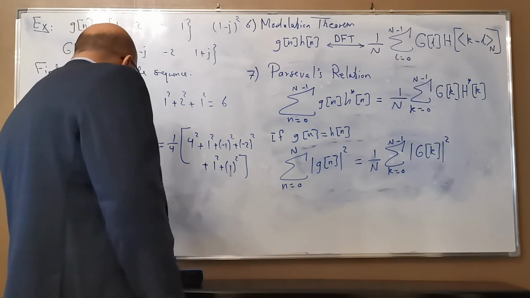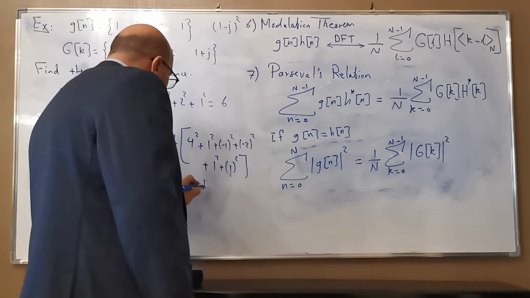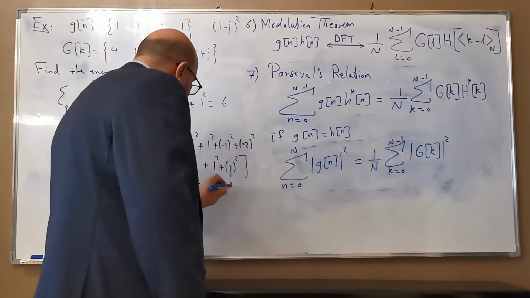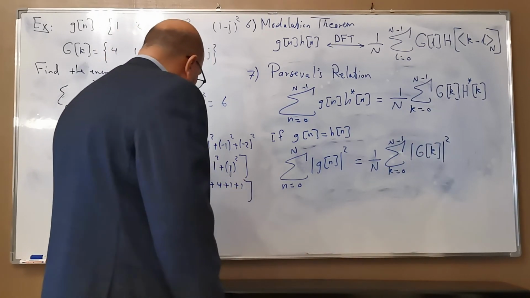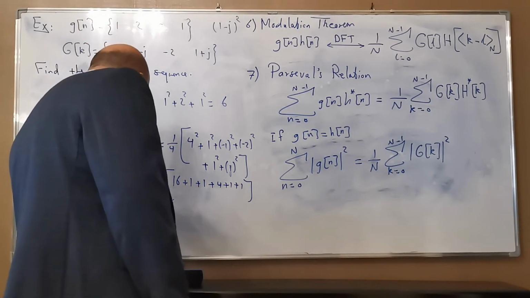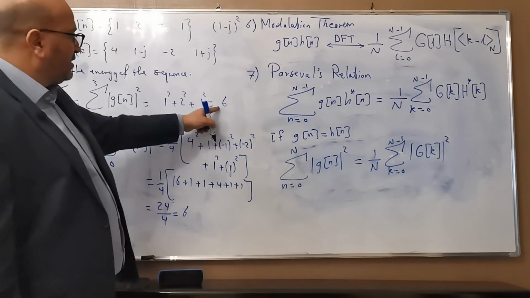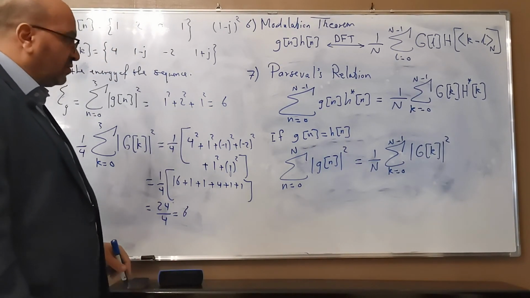So you have 1/4 times 16 plus 1 plus 1 plus 4 plus 1 plus 1. So you have 24 over 4, and this equals 6. So you have 6 units of energy.